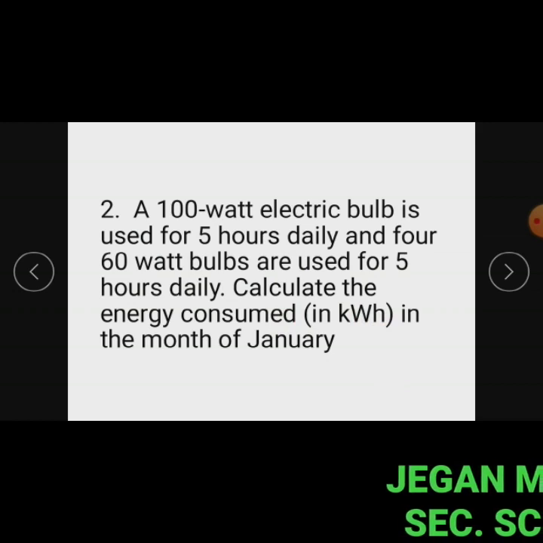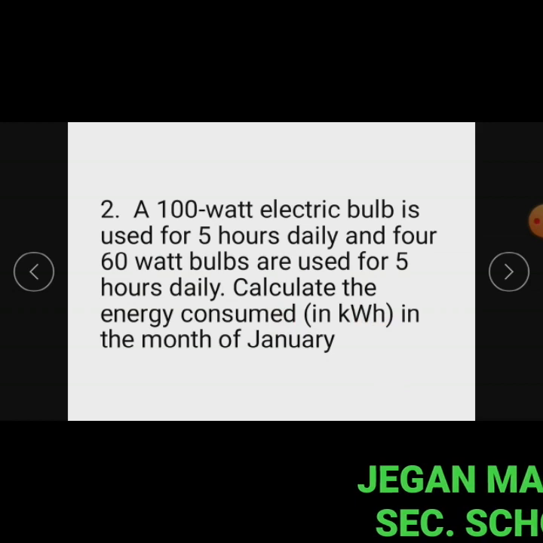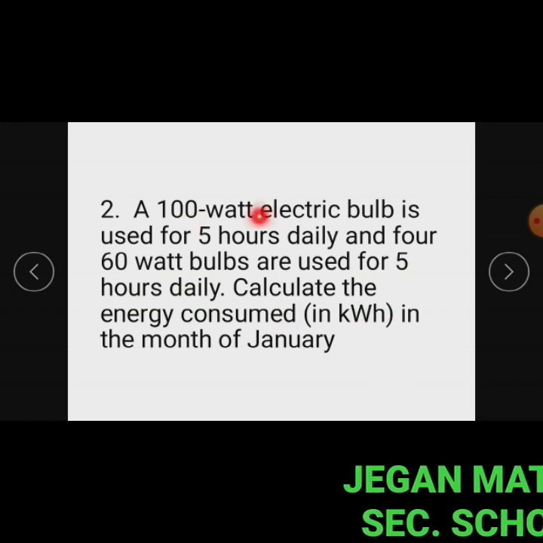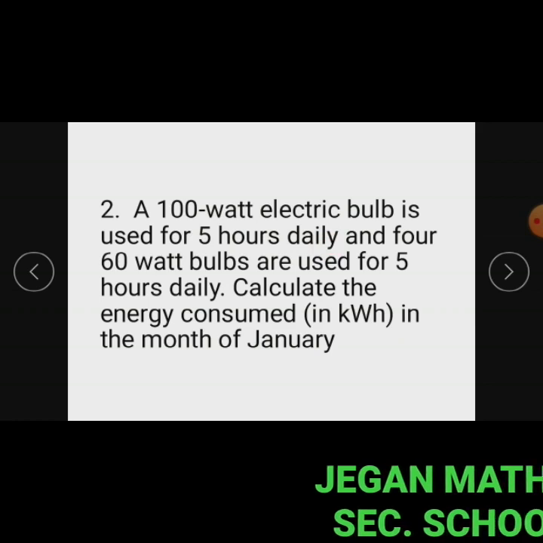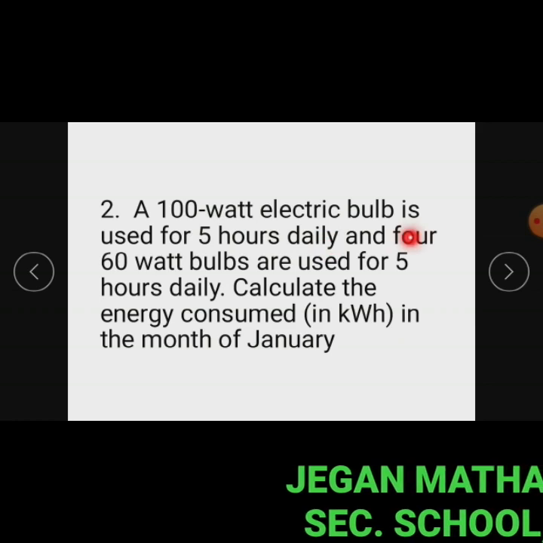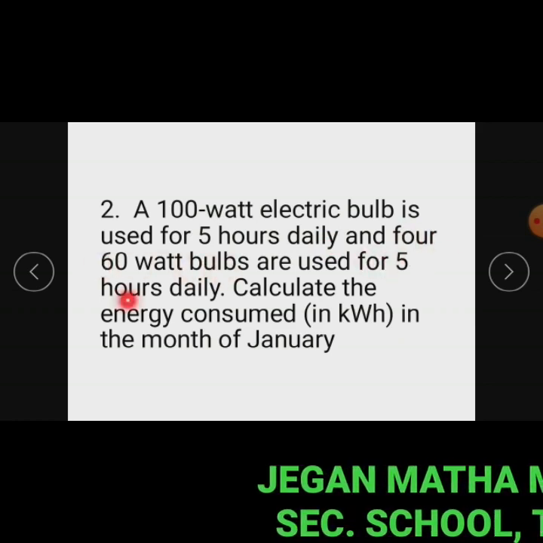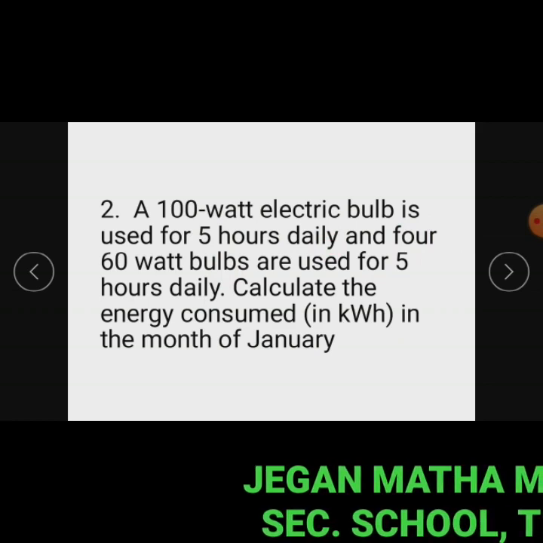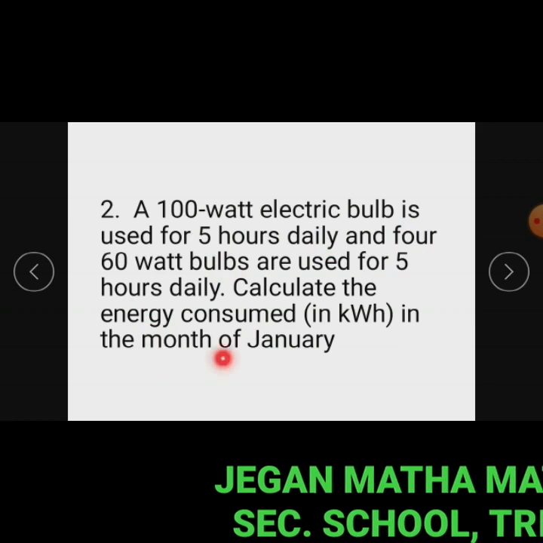First we find the energy consumed by a 100 watt electric bulb for 5 hours daily, and then we calculate the energy consumed by 4 60 watt bulbs for 5 hours daily. Finally, we calculate the energy consumed in the month of January.